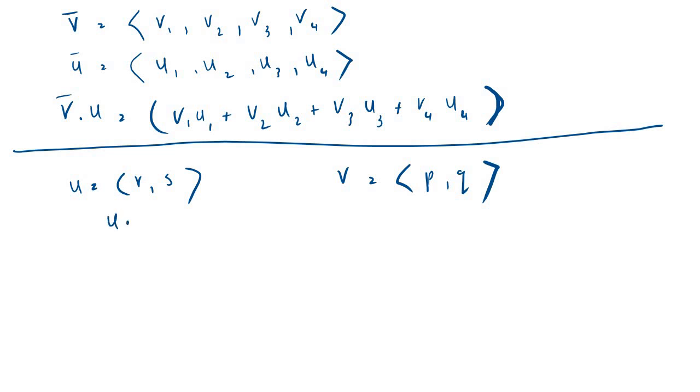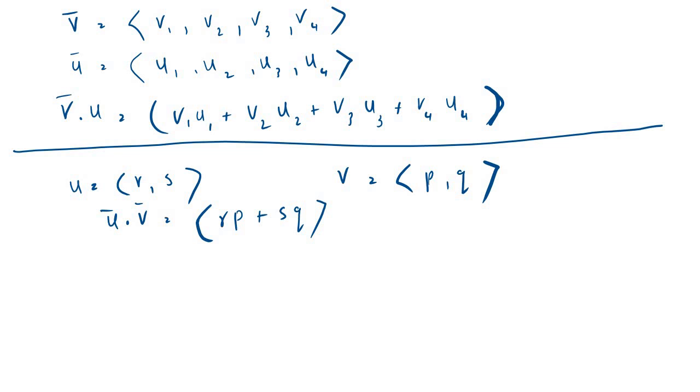U dot V is equal to RP plus SQ. That's R times P plus S multiplied by Q.